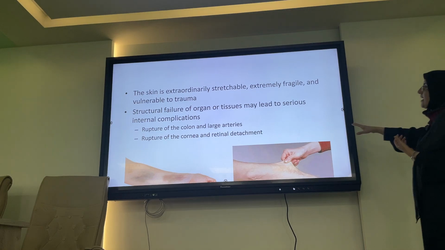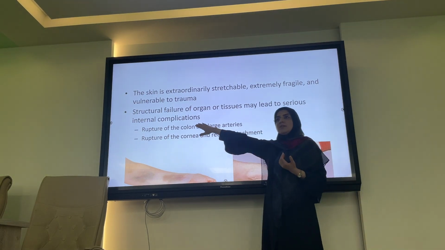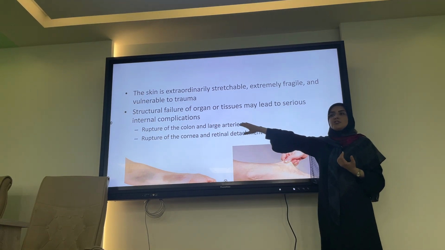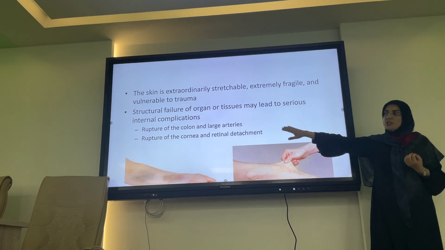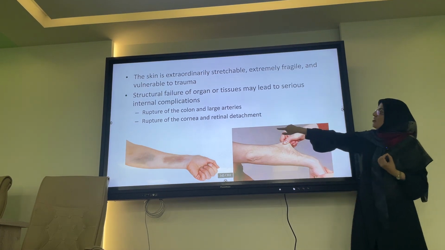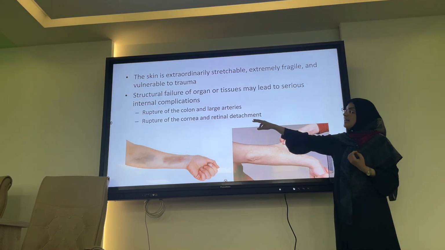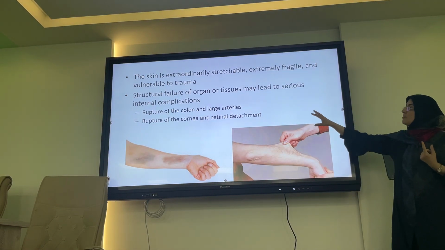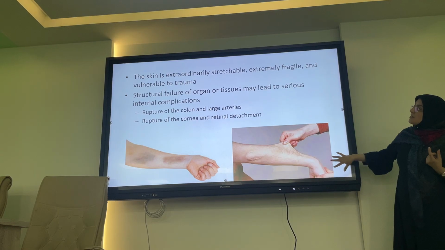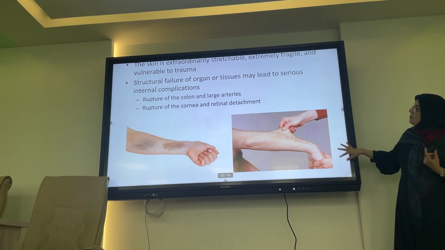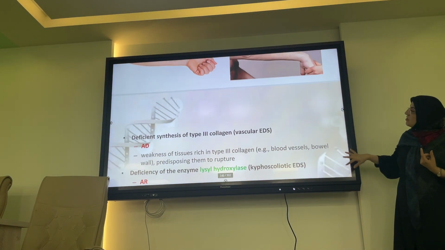For example, they have rupture in the colon and in large arteries such as the aorta. Sometimes they have a rupture in the retina and in the cornea. So these are very important complications in Ehlers-Danlos.